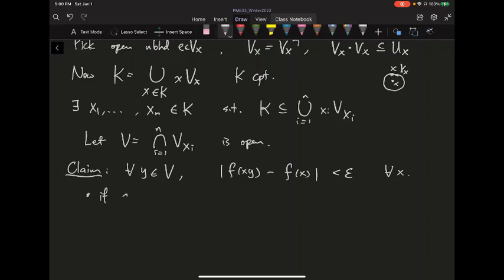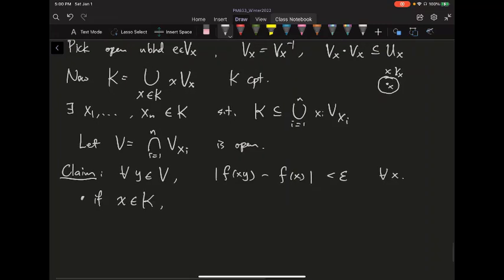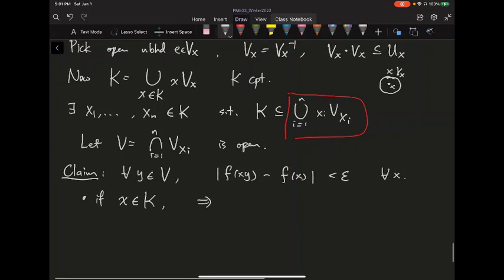So first of all, if x is inside the set k, well, then what I know is that k has a finite subcover. So I know that there exists some xi where x is inside this xi v of xi. So x is close enough to one of these covers.